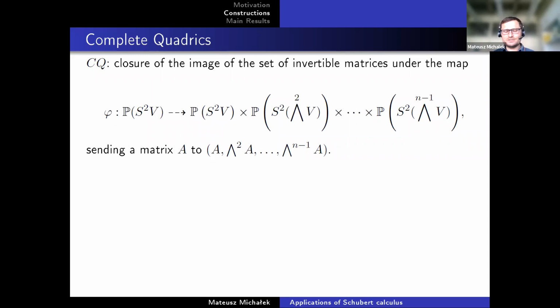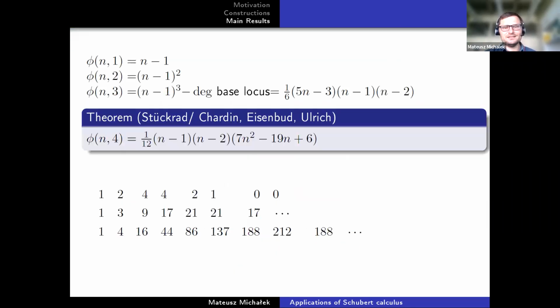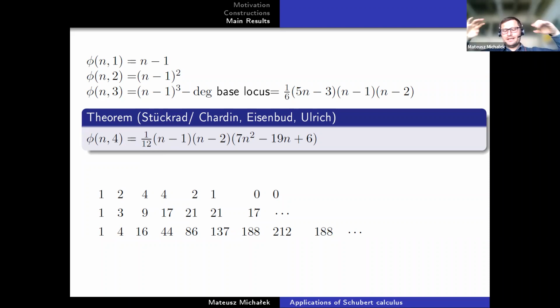And it turns out that every single number that appears on this page is a certain computation in the cohomology ring of complete quadrics. So very precisely, if I fix a row here, this row fixes one variety of complete quadrics, and it has its own cohomology ring.